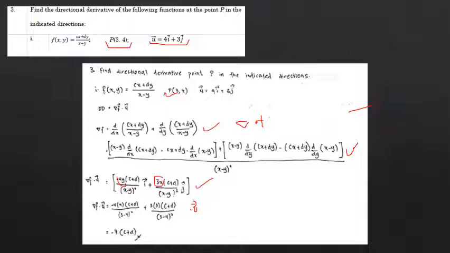Oh, I'm sorry, here 4 and 3 is from the vector u. After that, we substitute x and y with the point P value, which is 3 and 4. Hence 3 is x, 4 is for y. So we substitute into this equation and get the answer, negative 7 (c plus d).